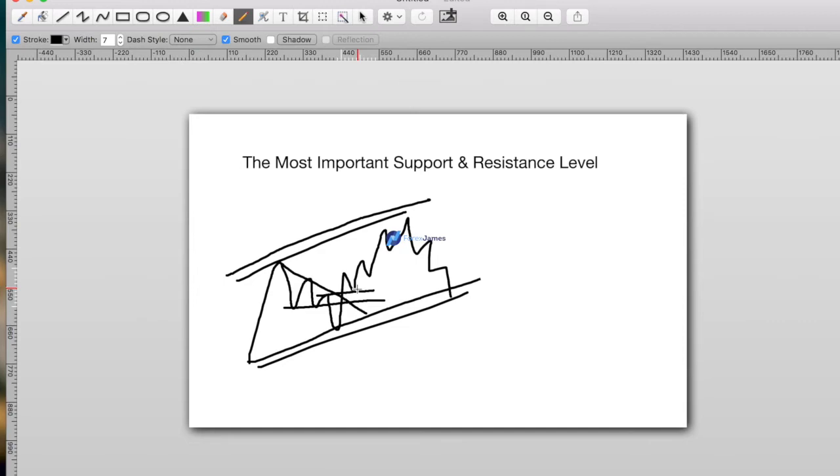So with so many subjective ways of identifying support and resistance, it's easy to just clutter your charts with lines and be confused about which is the true level and which of these support and resistance levels you want to trade from. So let me erase all of this clutter.